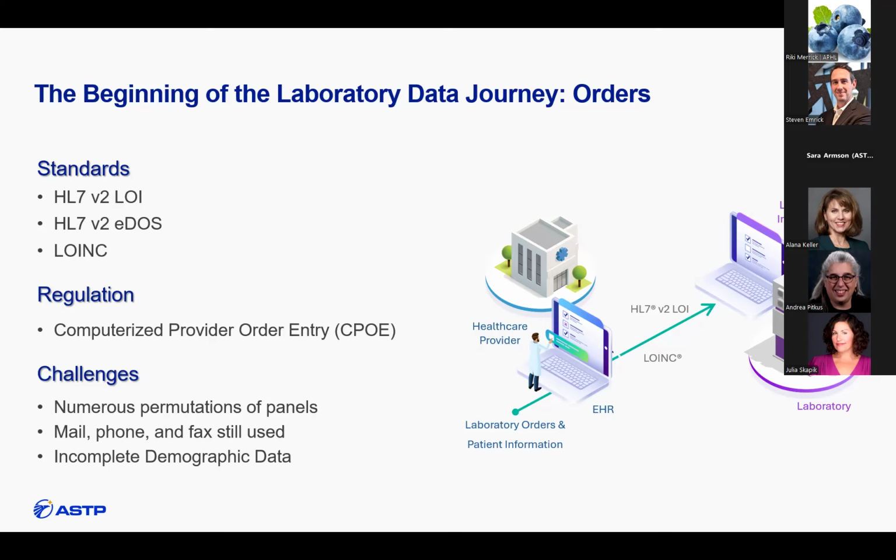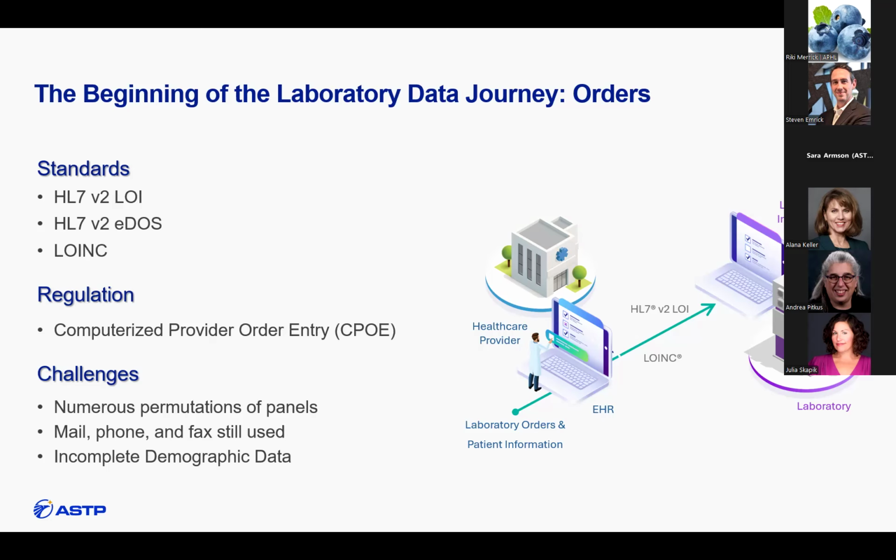Yes, and Julia's pointing out that one of the challenges that we found in our discussions with labs and providers is that there's mail and phone and paper and fax still being used for orders. It's difficult to use standards because there's almost innumerable permutations of different panels.